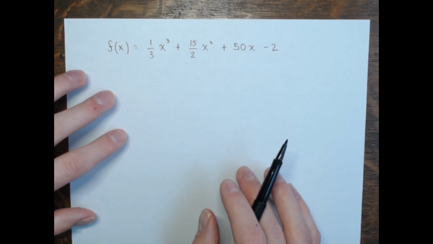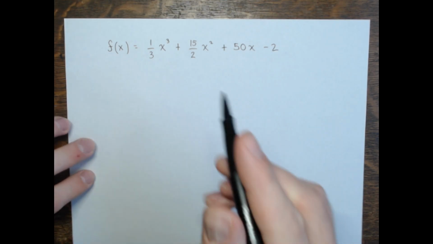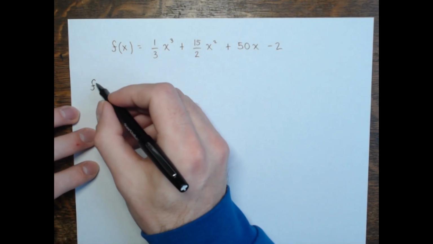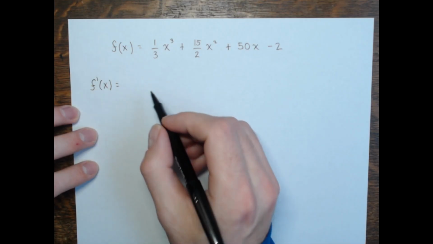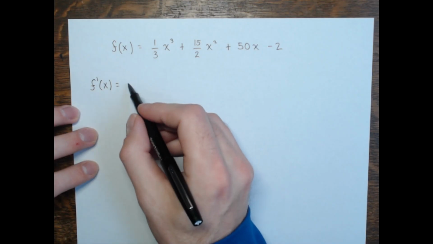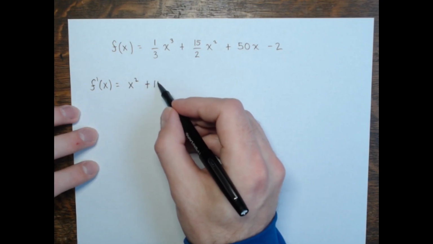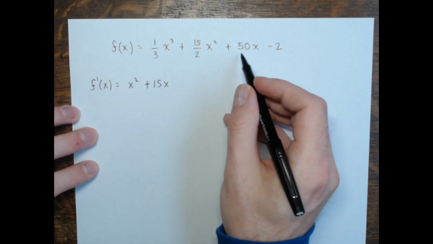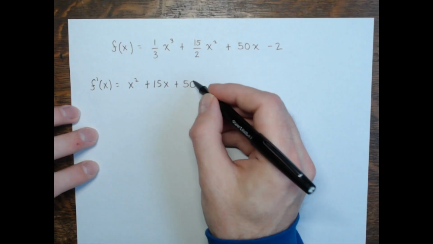So to talk about where this is going to be increasing or decreasing, I need the first derivative, talk about the critical values, where it's positive or negative. The first derivative is x squared plus 15x and then plus 50, if I just use the power rule on every term there.